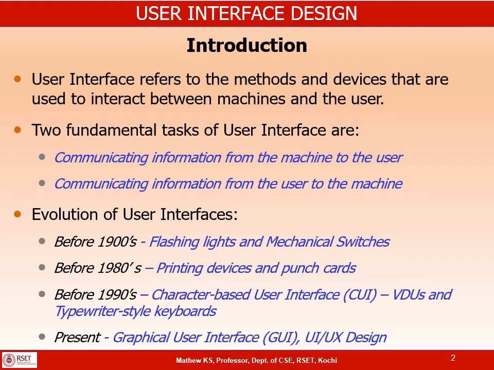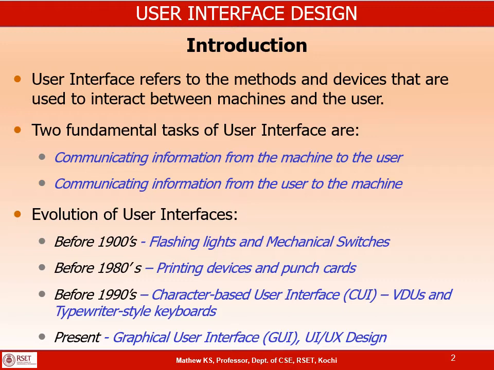If we look at the evolution of user interfaces over time, before the 1900s the interfaces between the machine and the user were all manual, mechanical switches and flashing lights. You could see big computers with a lot of flashing lights and mechanical toggle switches to give input by the user to the machine, as well as lights to indicate the status of various processes by the machine to the users.